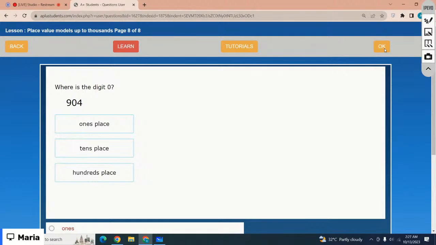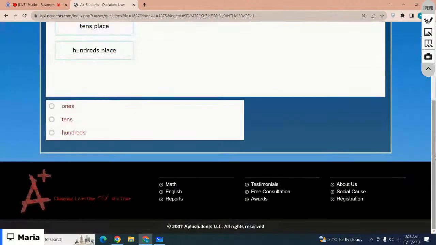Which is the correct option? 0 is at the tens place. Very good. The correct option is tens.